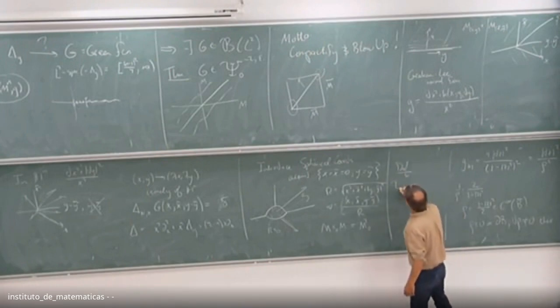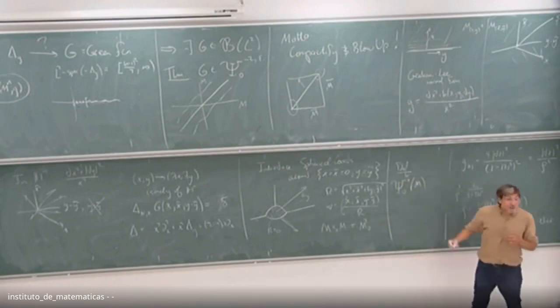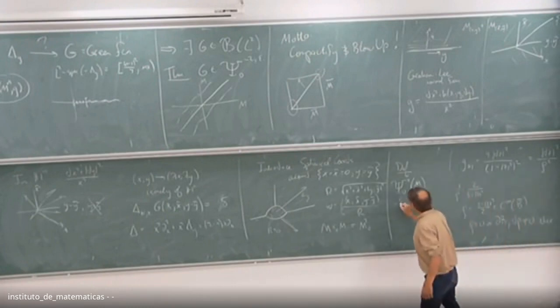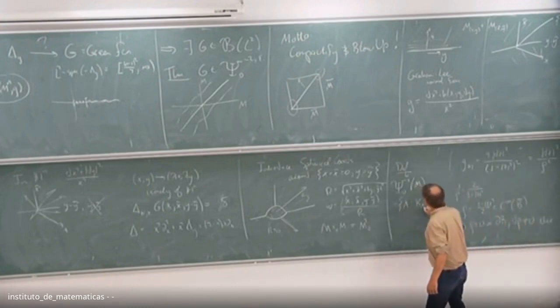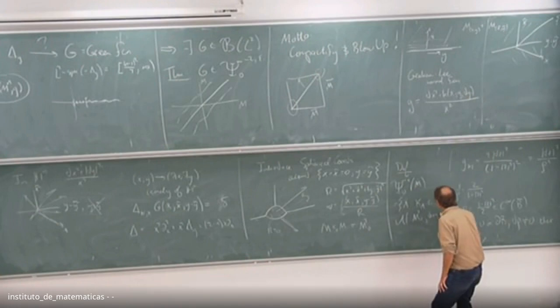Psi 0 star of M, the good space of pseudodifferential operators on this thing, is equal to the space of operators A such that K sub A is conormal on M2 0 with respect to the diagonal and the boundaries.